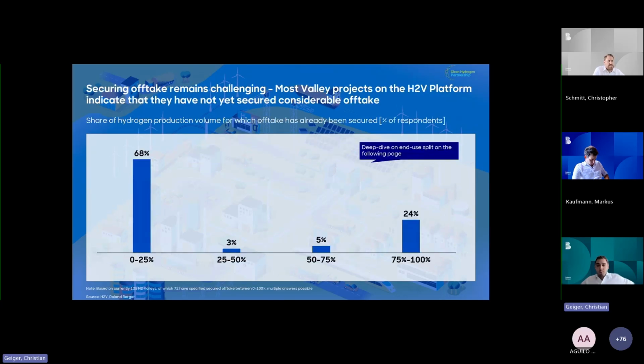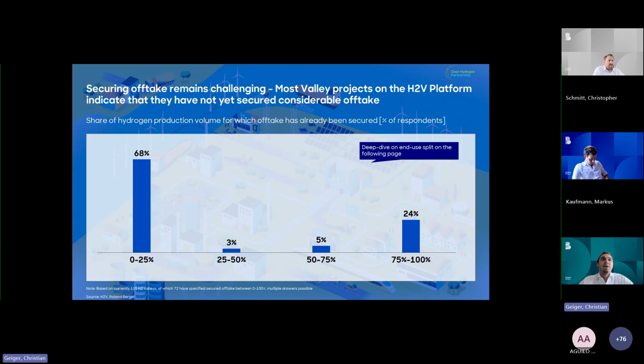Now, a quick view on the H2 Valley statistics. For the valleys on our platform, we are looking at a survey which we conducted regarding what share of their envisaged production volume they now have secured offtake for.